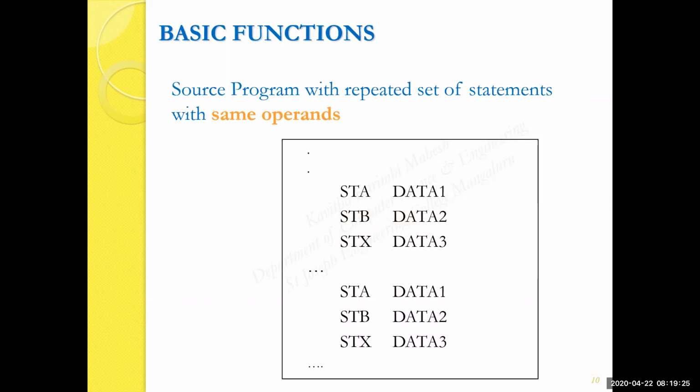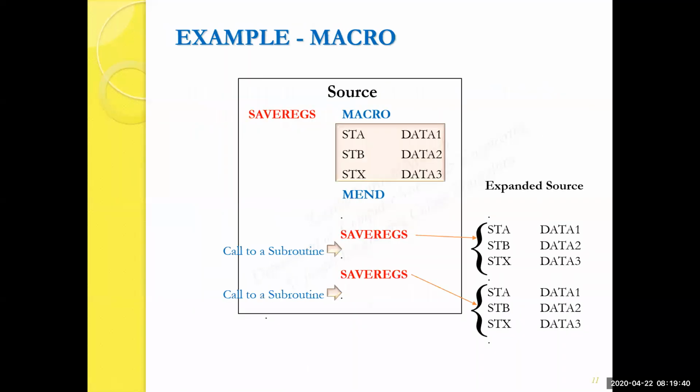As mentioned, a macro can be defined using the directive MACRO. The beginning of the definition is indicated with MACRO, while the end is indicated with the MEND directive. So to define a macro that represents this set of instructions, we can define a macro, say, SAVEREGISTERS.